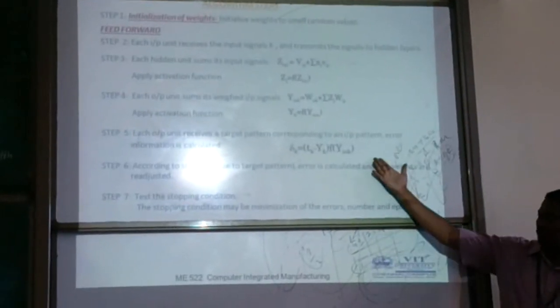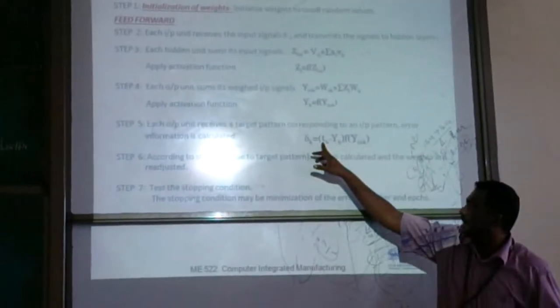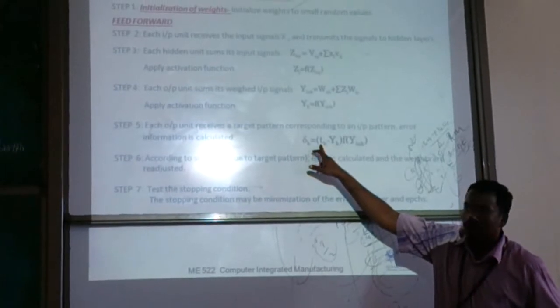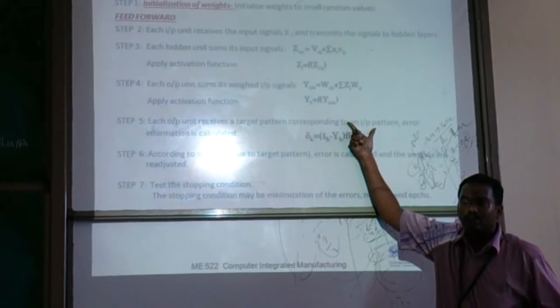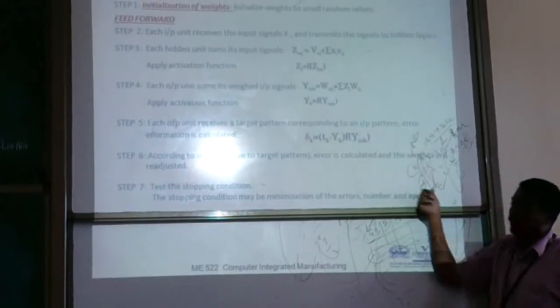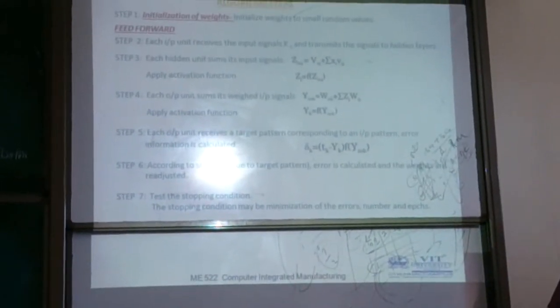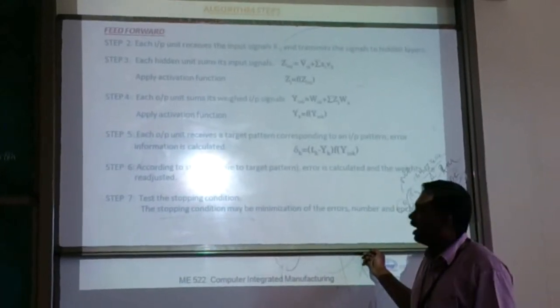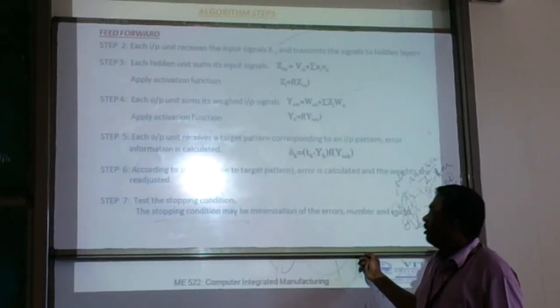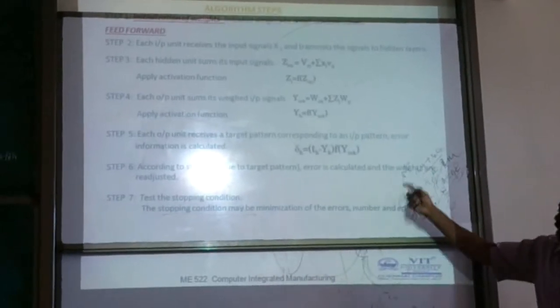So you get the target output and you get the output. The output should be compared, and if you have any errors, the error should be minimized by readjusting the weights. According to step 5, errors are calculated and weights are readjusted.